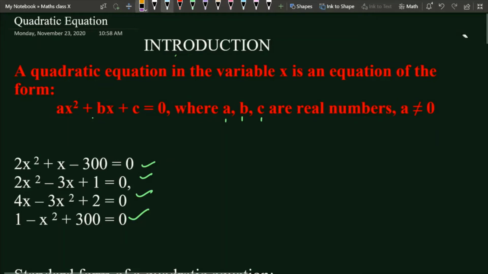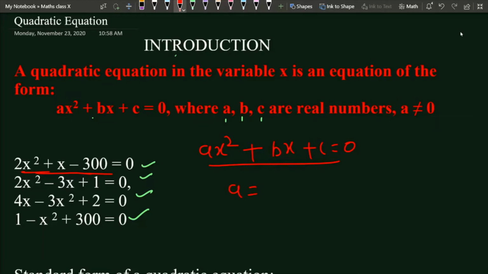If we compare 2x square plus x minus 300 with ax square plus bx plus c equals 0, in place of a it has 2, in place of b it has plus 1, and in place of c it has minus 300. So you need to consider the sign also.